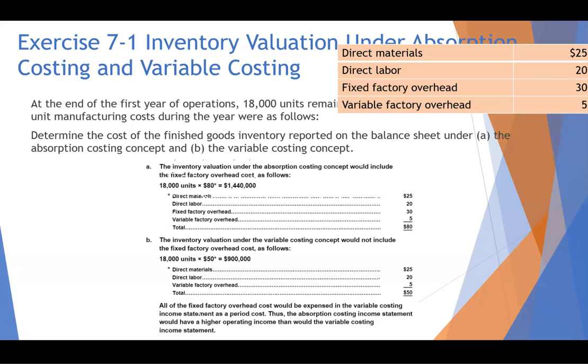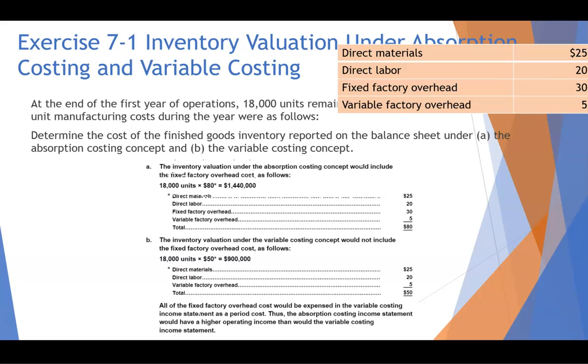So if we use the absorption method, our fixed factory overhead costs would be included in our ending inventory. So we would have our direct materials, our direct labor, our fixed factory overhead, and our variable factory overhead for $80 per unit.